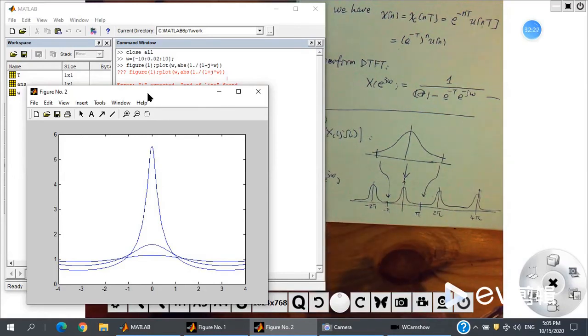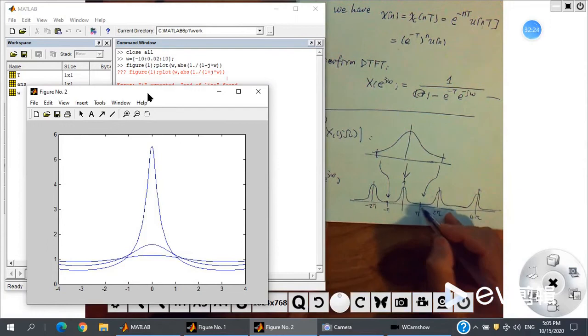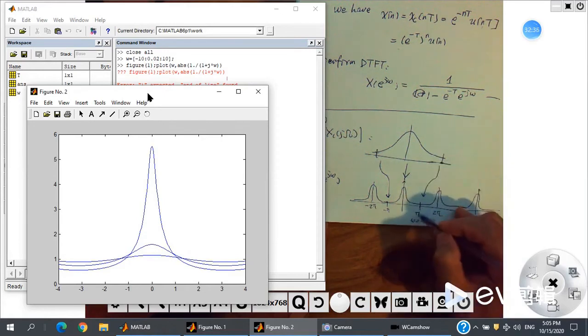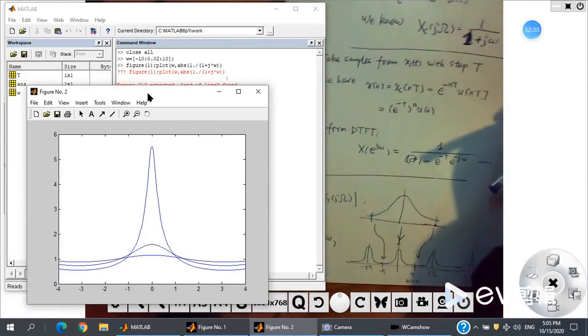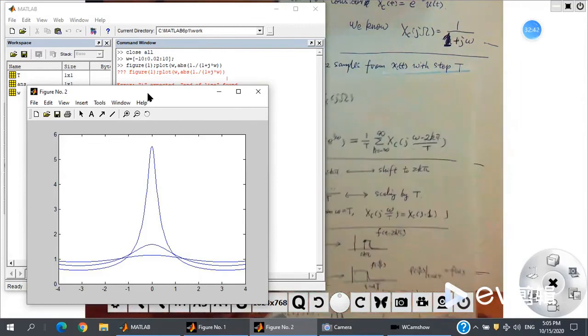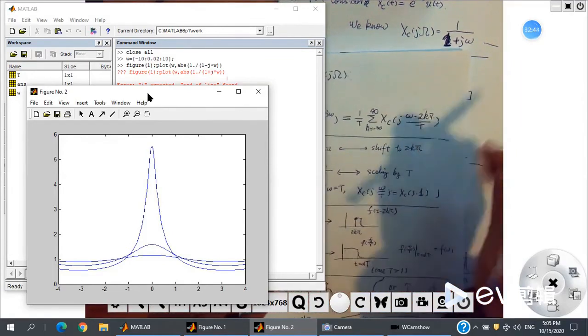Right? And this point, here's omega equal to pi, lowercase omega equal to pi. Then this point is what? Omega equal to pi. Let's see the formula. It's here. We check the center one.